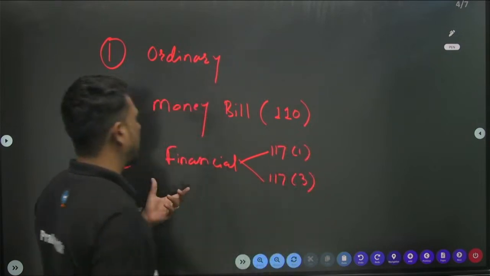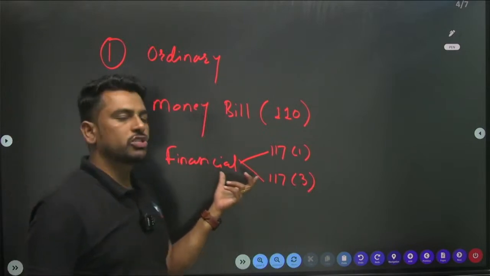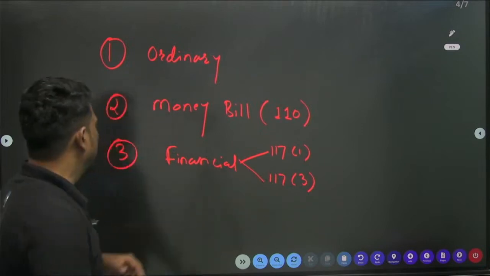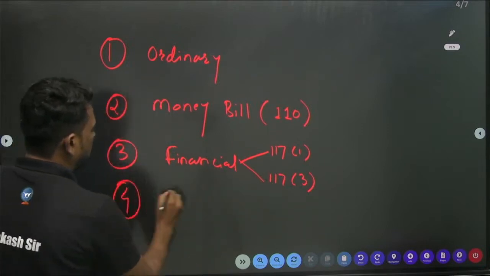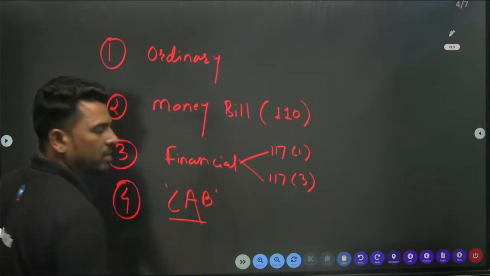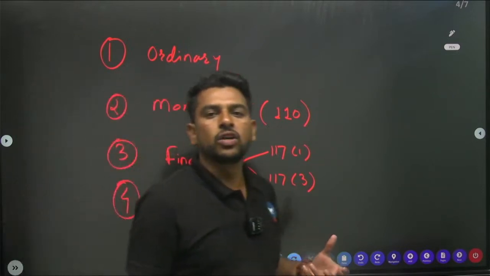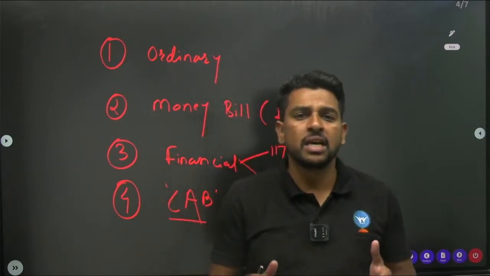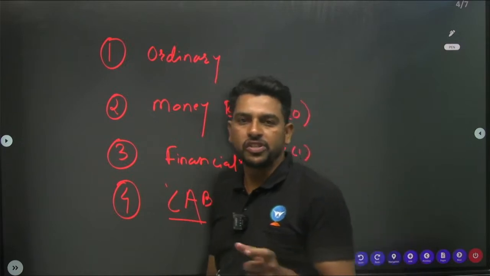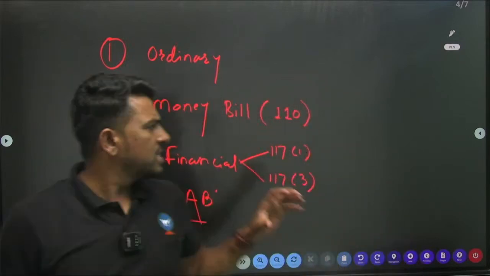So these are the two types of financial bill, also called financial bill category 1 and category 2. And the fourth is the Constitution Amendment Bill. Parliament has full power to amend the Constitution itself, and that is enshrined in Article 368. So these are the four types of bill.